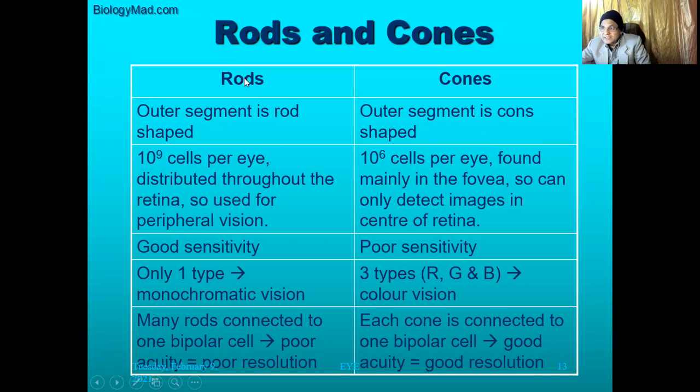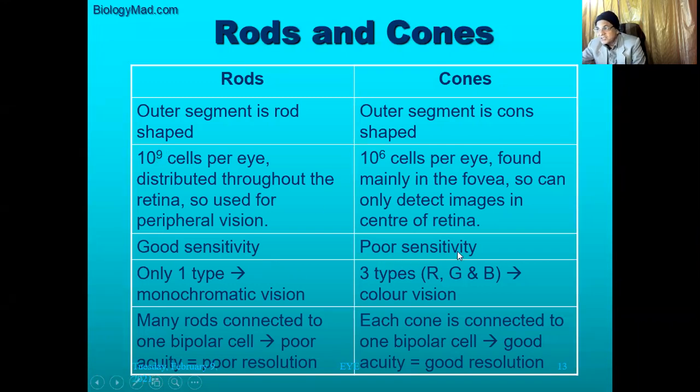Now you see, I said rod shape, the number of rods is more than the number of cones. So it is 10 to the power 9 cells per eye. Here it is 10 to the power 6 cells per eye. Rods are distributed throughout the retina, so they are used for peripheral vision. Cones are mainly in the fovea, so they can only detect images in the center of the retina. Rods have good sensitivity because the number is large.